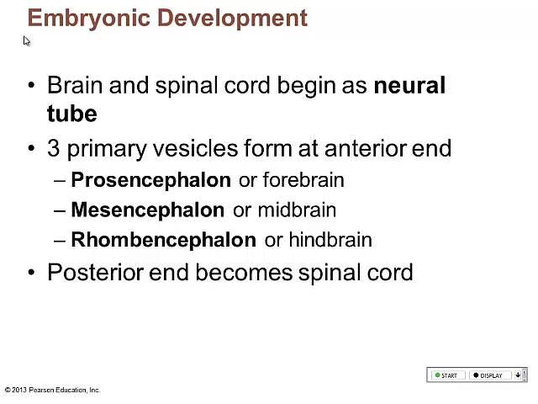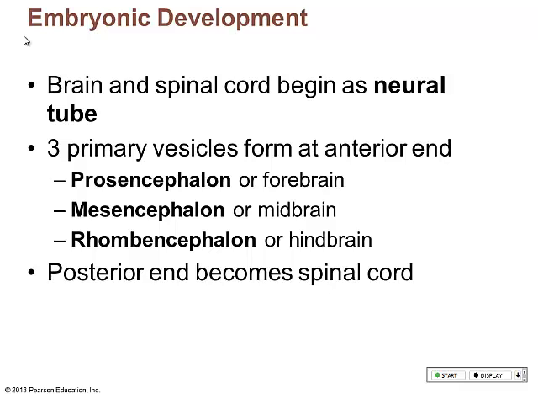So when we talk about the brain and the spinal cord and the central nervous system, we're talking about tissue that forms something called a neural tube. That neural tube will eventually become all the different parts of your central nervous system.